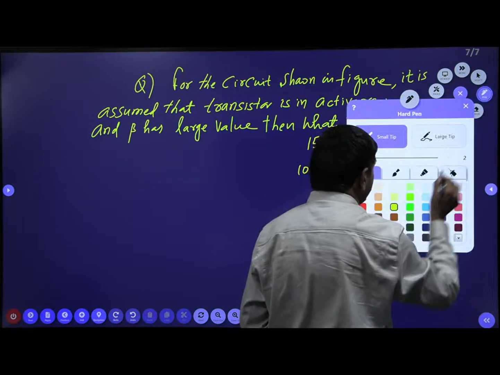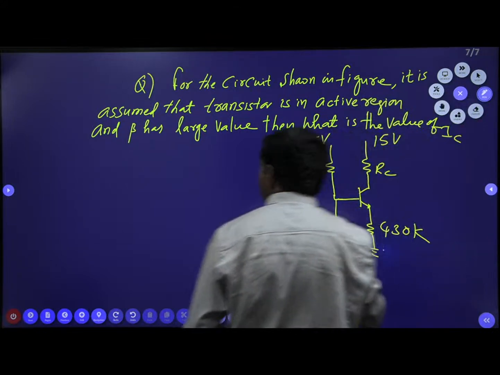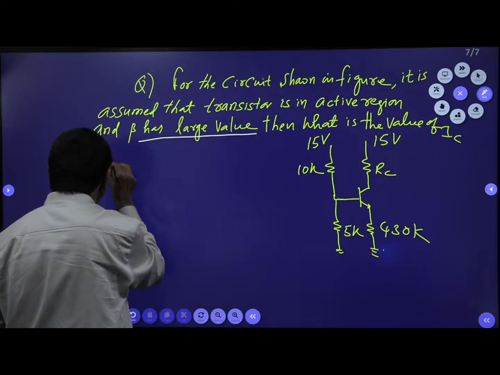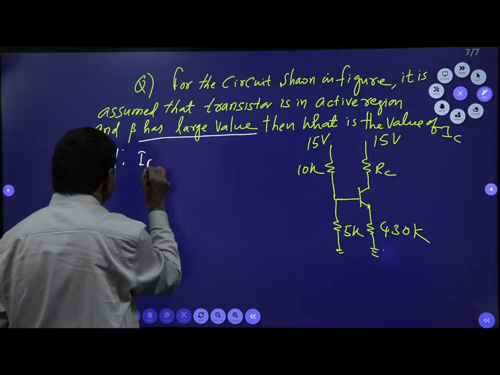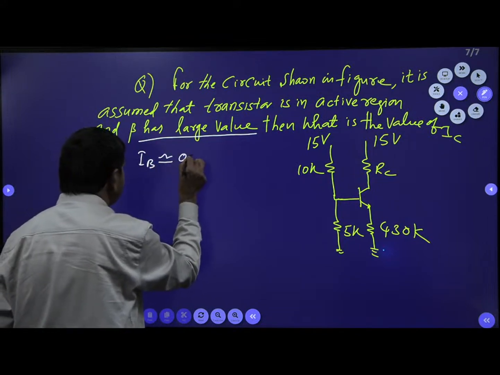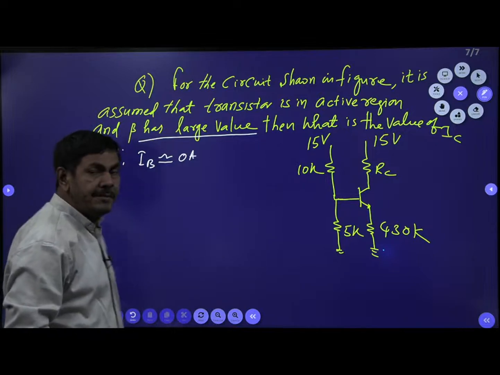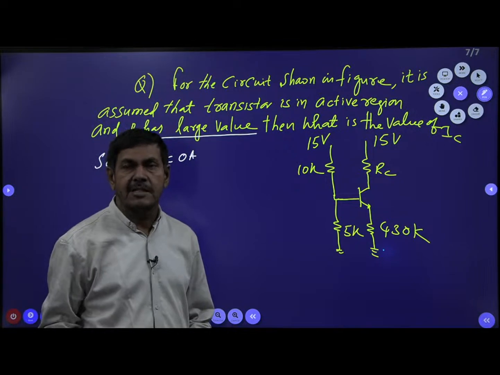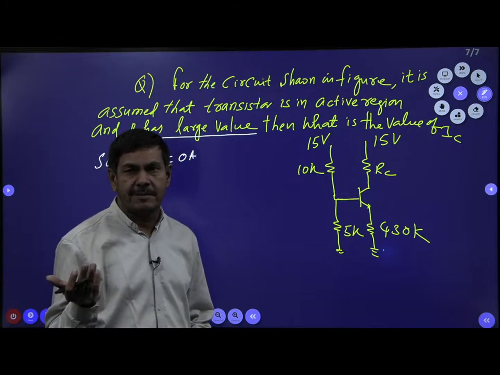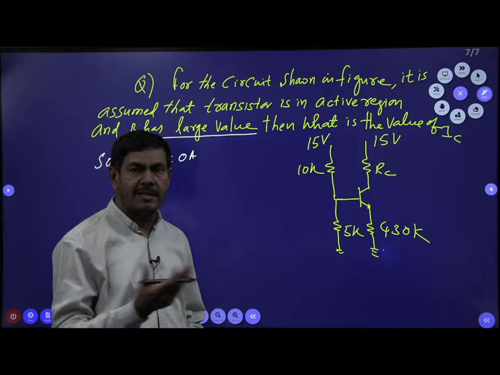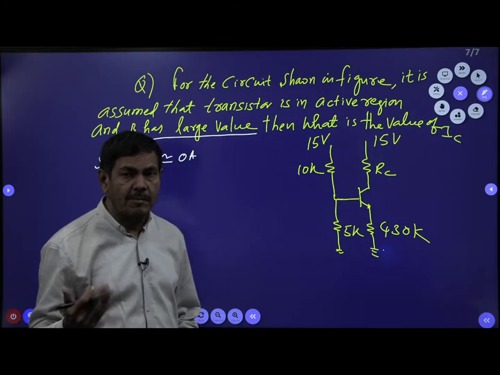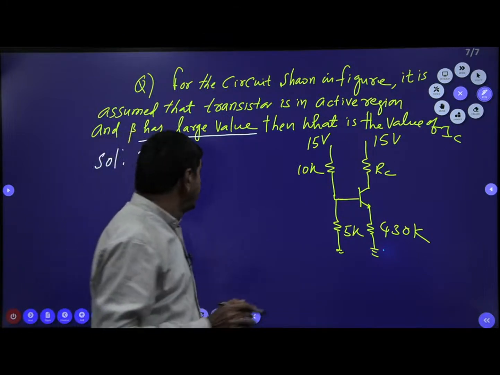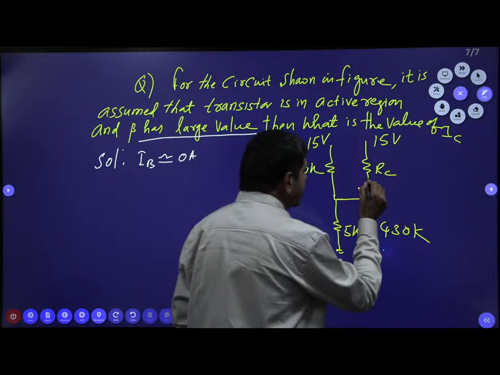If it is given in the problem that beta has a large value, directly you can write base current is approximately 0 amperes, because IB equals IC by beta. Beta is very large, IC is in milliamperes only, so smaller by larger is very small. That small value we are neglecting due to the large value of beta.